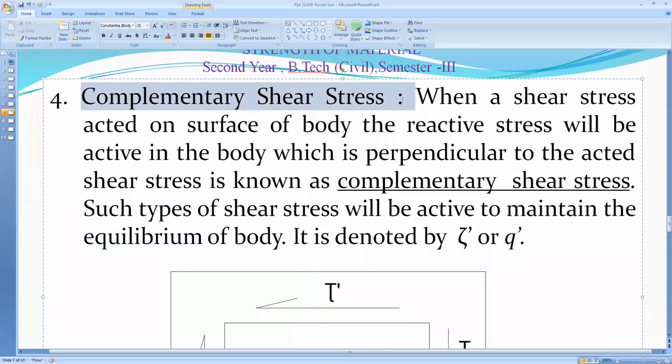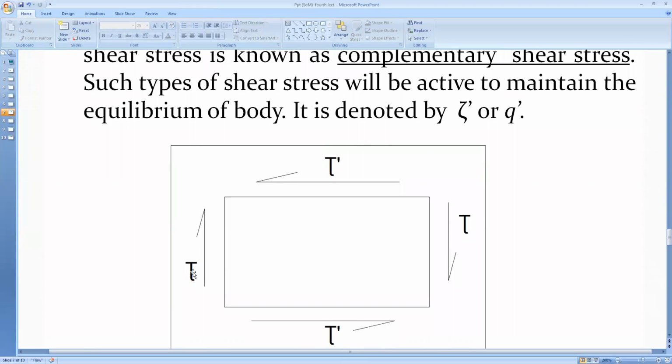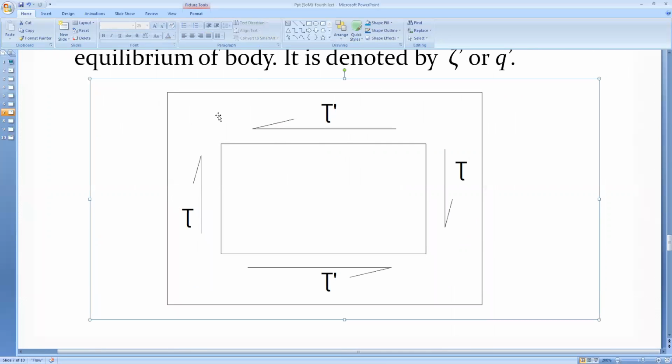So please consider the concept again. If there is an action of the active couple, the stresses are indicated as tau, this tau as well as this tau. It may get acted in a clockwise manner.